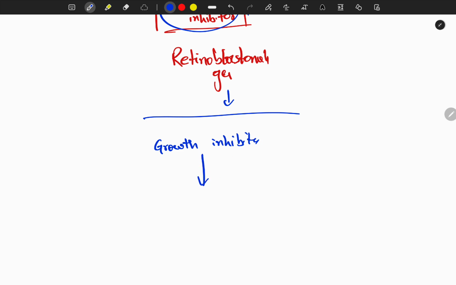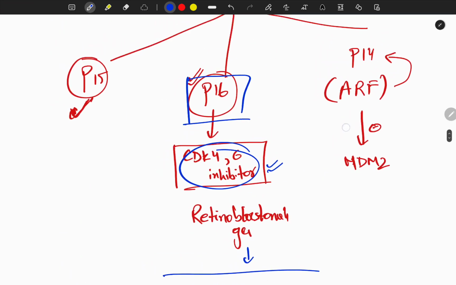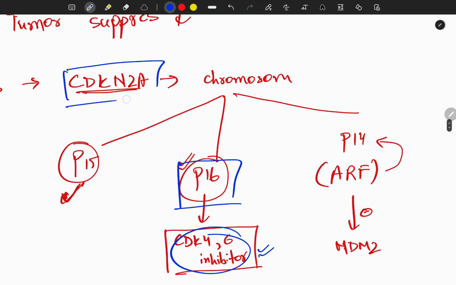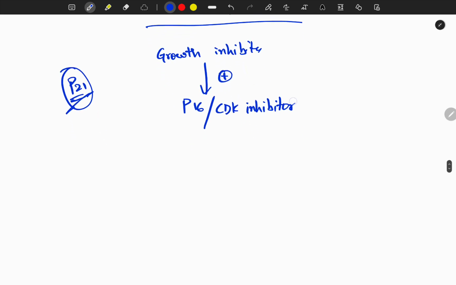It produces P16, aka the CDK inhibitor. By the way, there's one more CDK inhibitor, P21, which is not coded by these three from CDKN2A, but by something else. But right now it's not needed.